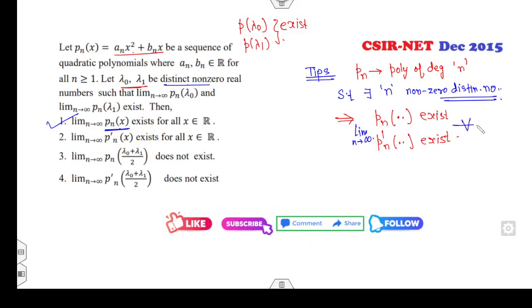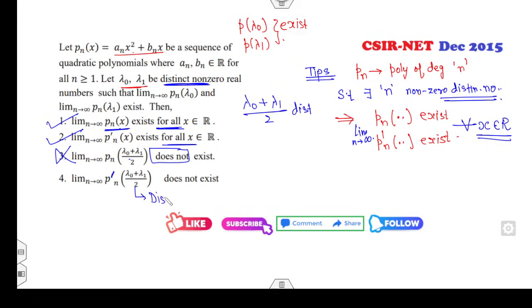It exists for all x belongs to R. Again he said for all x. Once we know lambda naught and lambda 1 are distinct, the average is also distinct, but he said does not exist. Derivative, again you can see this number is distinct, but he said does not exist. So the right answer is A and B are the correct answers of the problem.